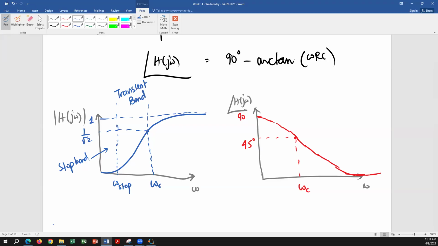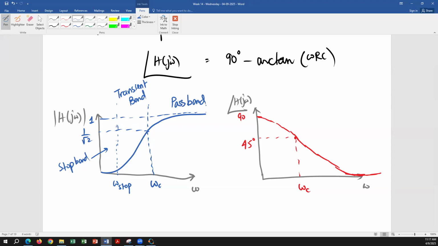Operating frequency, generally we want it to be in the pass band. We don't want the operating frequencies to be either in the transient band or a stop band. We want them to be in the pass band, so that you get the maximum amplitude at the output over all those frequencies where the filter is operating. It's letting the input pass through. So for every filter, we have 3 frequency bands.